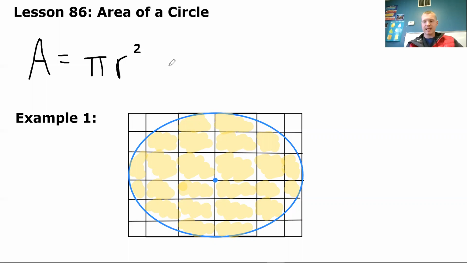The reason I didn't count up these little spaces right here is because the majority of those spaces is not filled up. If we look in our book, in the solution section under letter B at the bottom of page 460, it says to estimate the area of a circle, we count the square units enclosed by the circle. We show the circle again, this time shading the squares that lie completely or mostly within the circle.